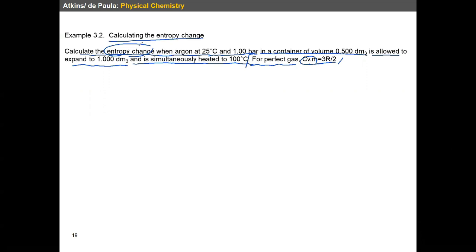I'll give you a few minutes, and then please calculate together for this system.